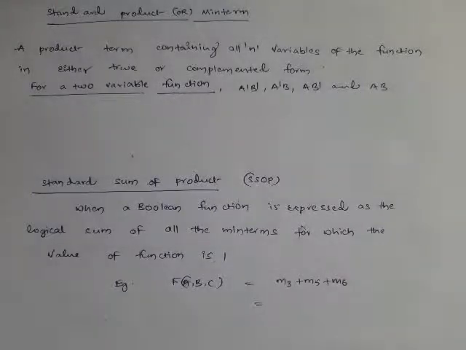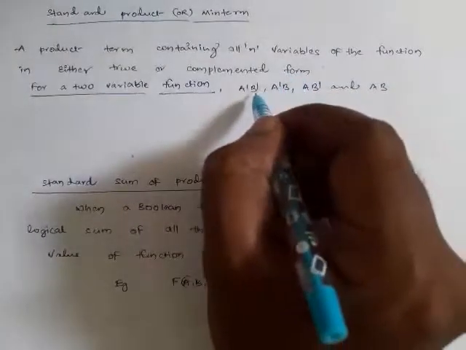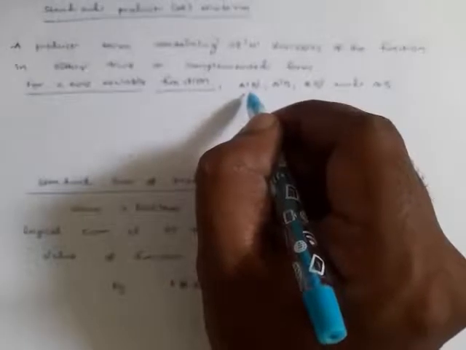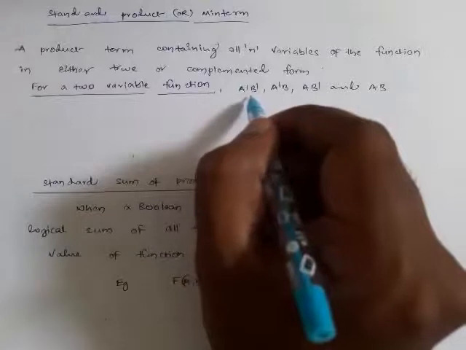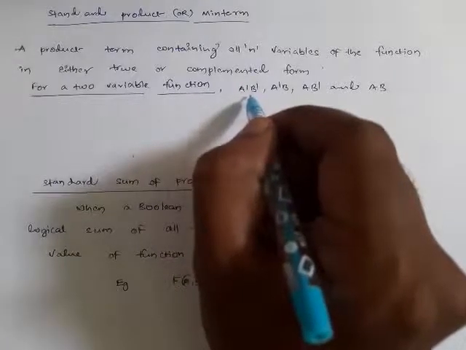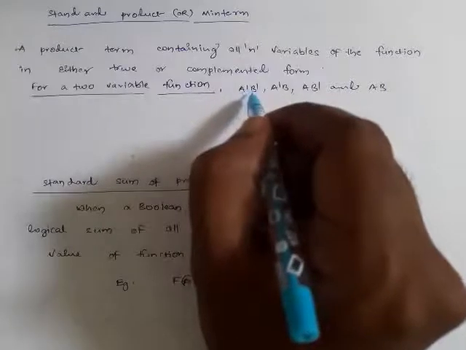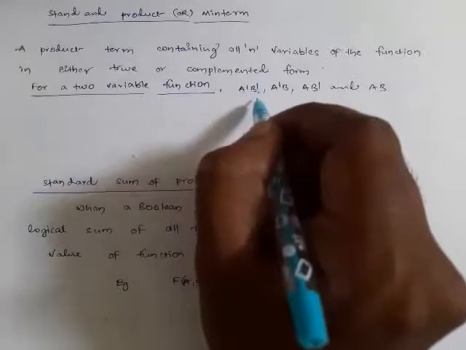And here you can see that in each term a variable is written in its original form if its value is 1, and in complemented form if its value is 0. In the first term, a bar b bar, the value of a is 0, so it is written as a bar, and the value of b is 0, so it is written as b bar.